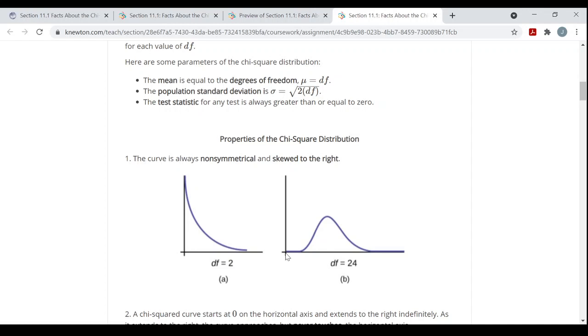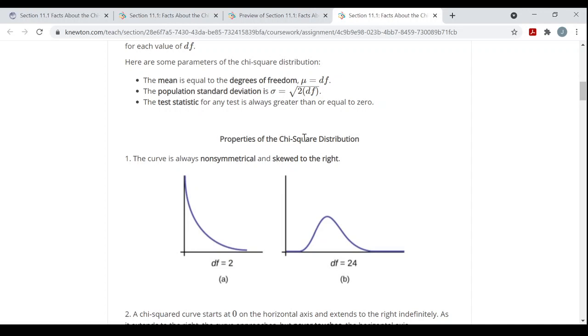It starts at 0 and goes to the right forever. You know how z-scores and t-scores could be positive or negative? For these chi-squared scores, they're always non-negative, always 0 or greater.